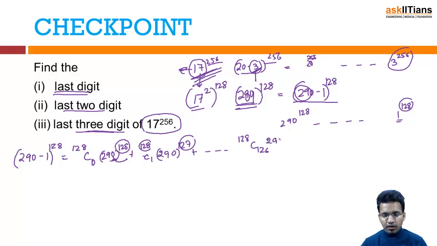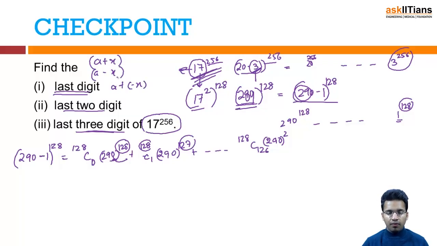So the last 3 terms will be appearing like 126. So 290 will be squared and into 1 again. Now here the minus 1 is there. We have learned the expansion of a plus x like that, so if it's minus, no need to worry. We can write this as a plus minus x, doesn't matter.